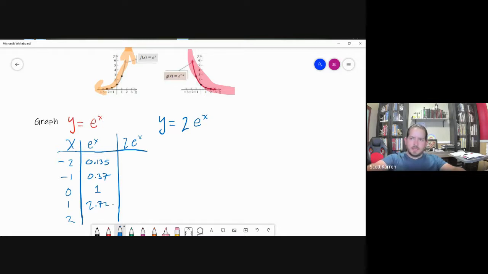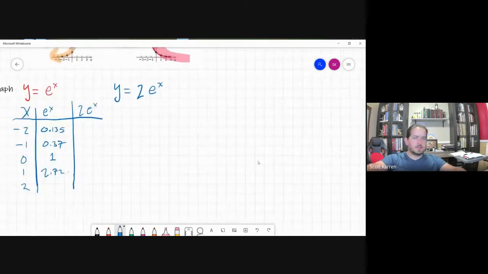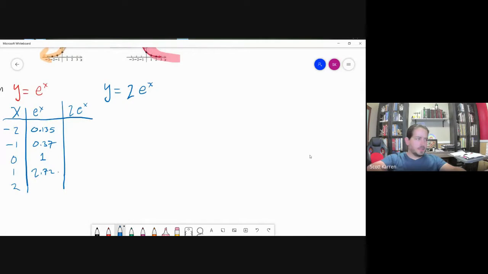And then e to the 2 is 7.39-ish. So if I graph this, let me get a graph. This one's not bad.